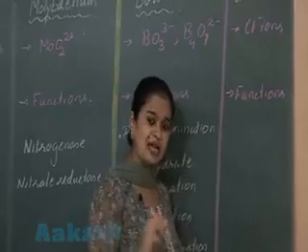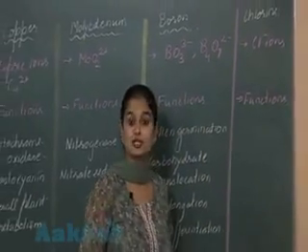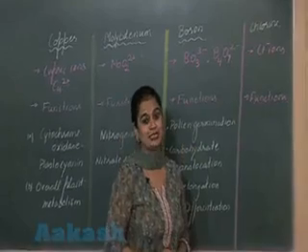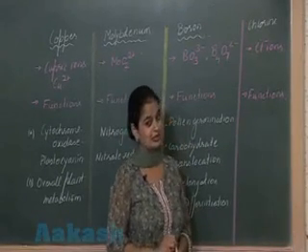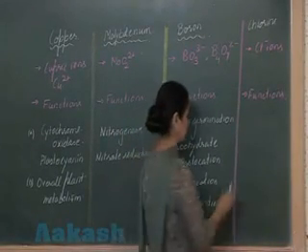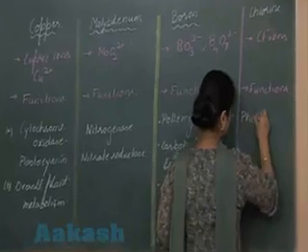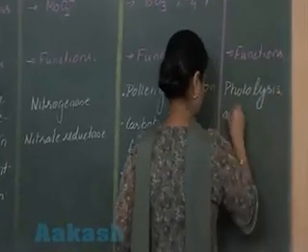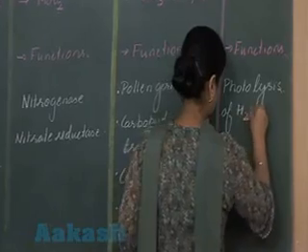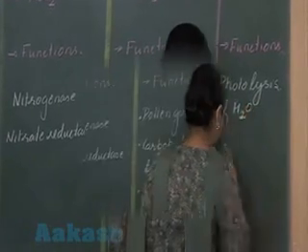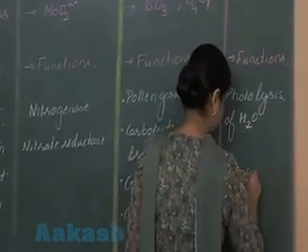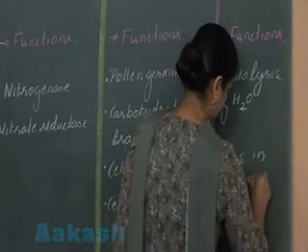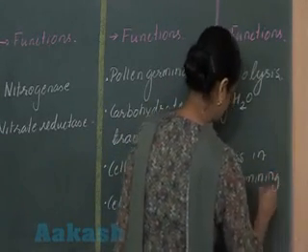Now just like manganese, one function of chlorine is that it is involved in the water splitting step of photosynthesis, that is photolysis of water. Now second function, it helps in determining solute concentration in the cell.